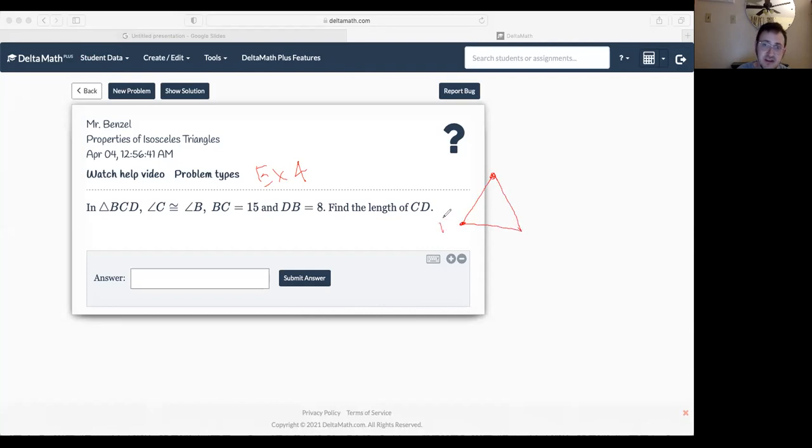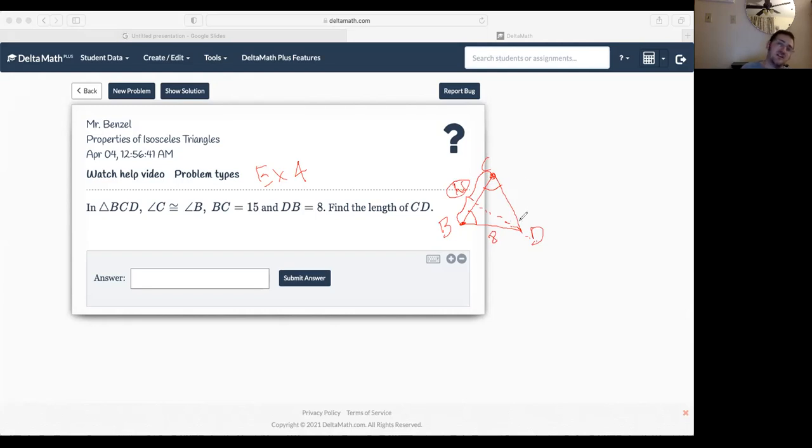So I got B, C, D. And I know that angle B and angle C are congruent to each other, so I'm going to mark that in. I'm going to go right between those two angles and draw in the line of symmetry. It gives us that BC is equal to 15, and then that DB is 8.